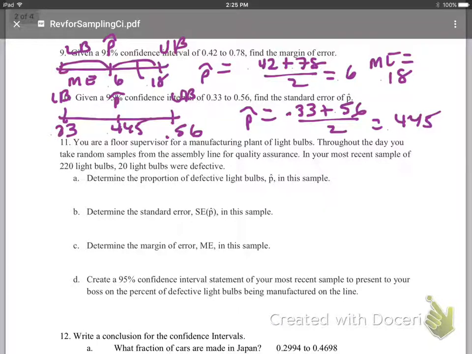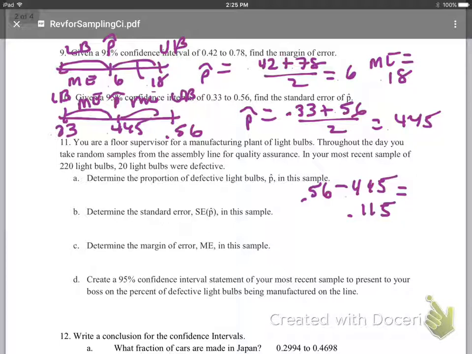Okay, so I know that the distance between these two is my margin of error. So 0.56 minus 0.445 is equal to 0.115. Okay?